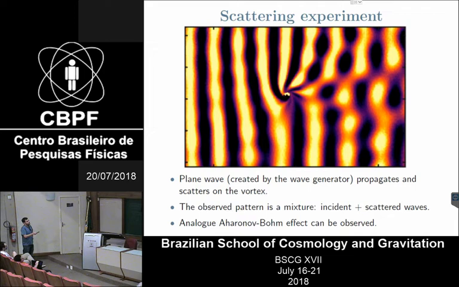That's why you see fewer wave fronts than on top, where the waves are going against the flow, and that's why you see more wave fronts. You can actually quantify this difference by measuring the flow velocity. This was work done in the 80s, I think, by Michael Berry when he studied this effect for surface waves.